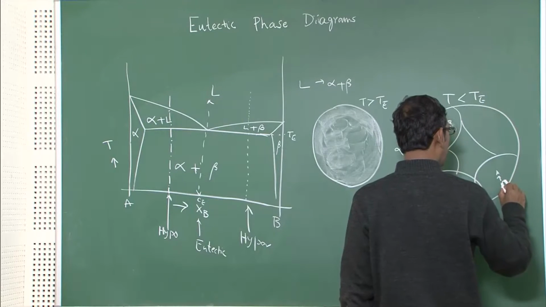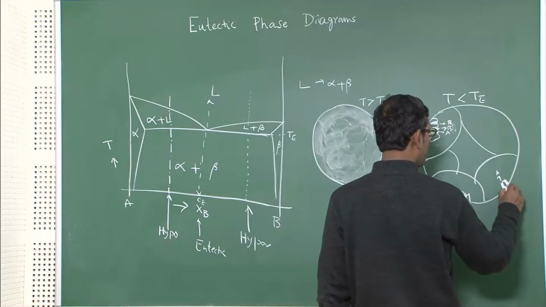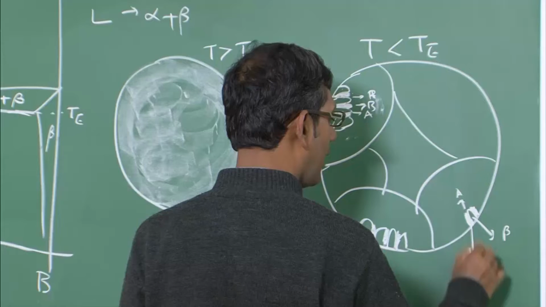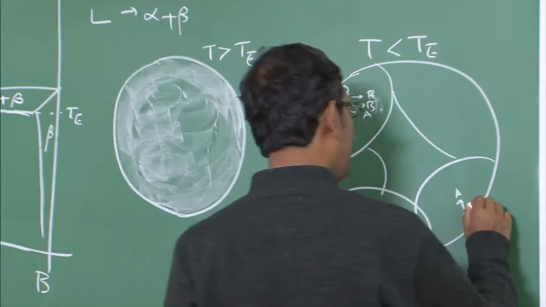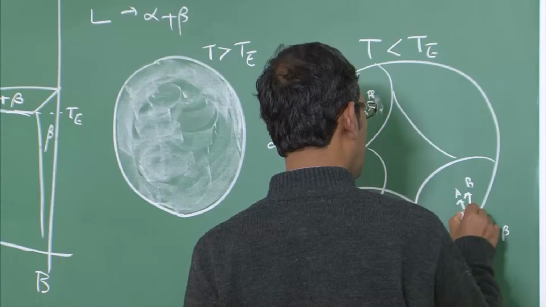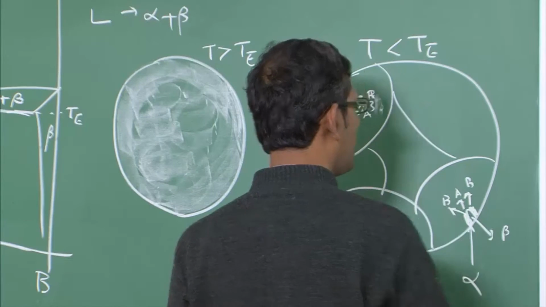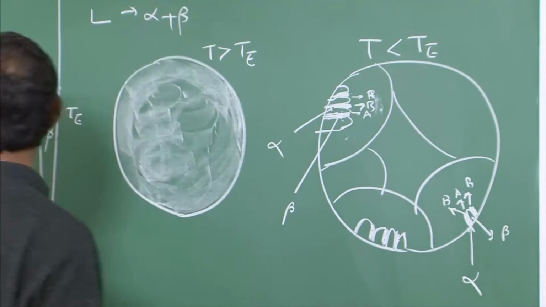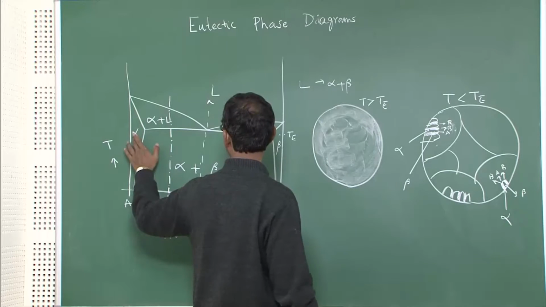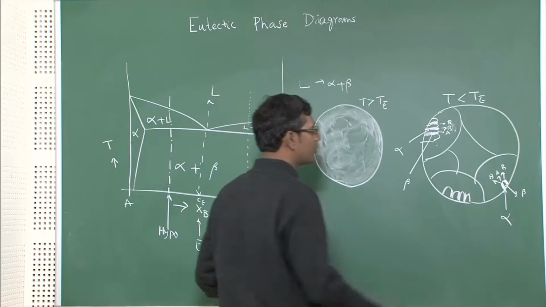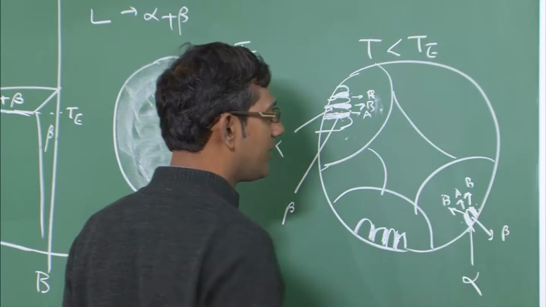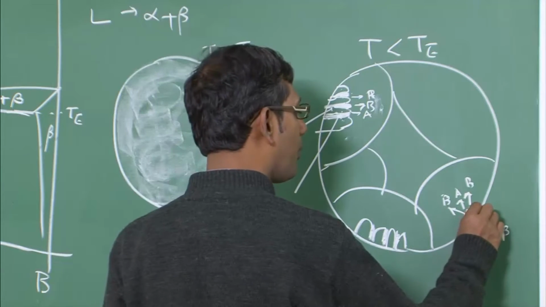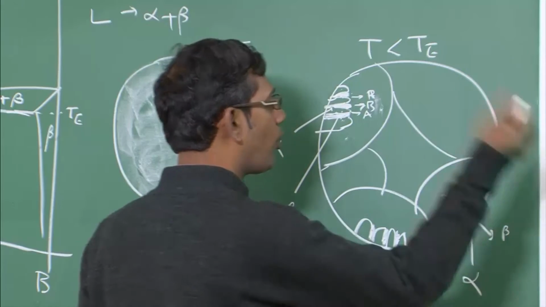This is beta and this is alpha. As alpha grows, it will reject B, because alpha is basically almost pure A, with very little B present. So B will be rejected. As B is rejected, the B concentration will increase on both sides, and this will lead to formation of beta, and so on.